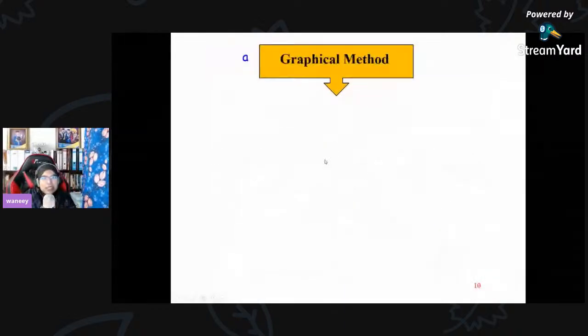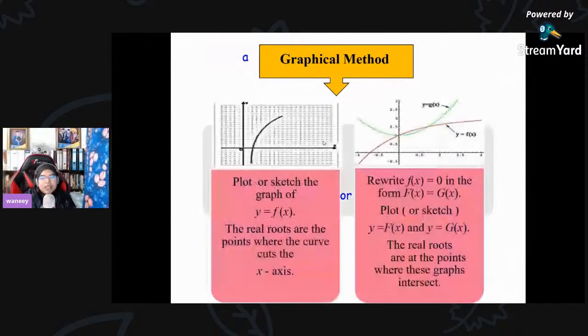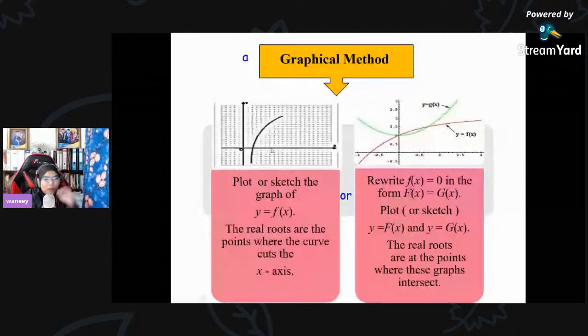Okay, so let us see the graphical method. What do we mean by the graphical method? If let's say you only have one function and the function is very easy for you to plot or sketch, so you have y equal to f(x), then you simply plot or sketch your graph.